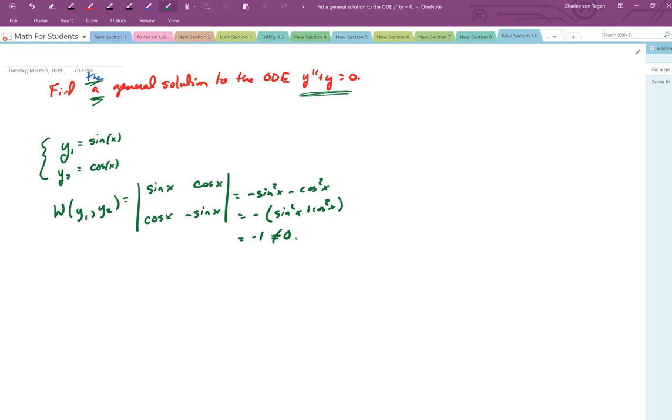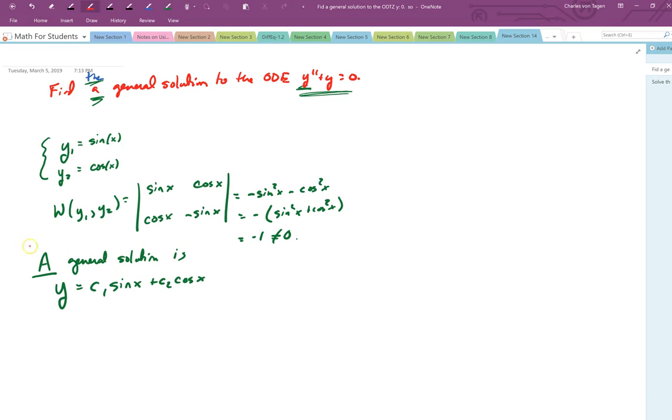And since they're linearly independent, and there are two of them, and we started with a second order linear ODE, we know that a general solution, so I would still use the phrase "a general solution," is y equals c1 sine of x plus c2 cosine of x.